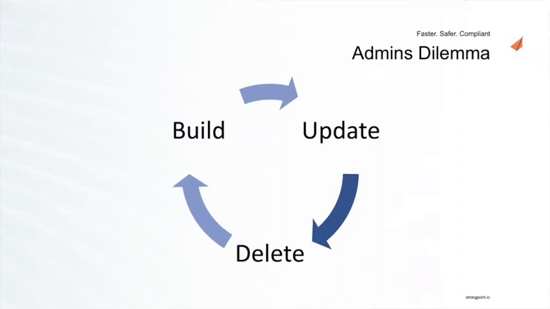So from the day we start using Salesforce, we are always on this journey of building new things, updating existing customizations, or even deleting the ones that are no longer needed. Now, this looks good on paper, but do we really follow this cycle every time?